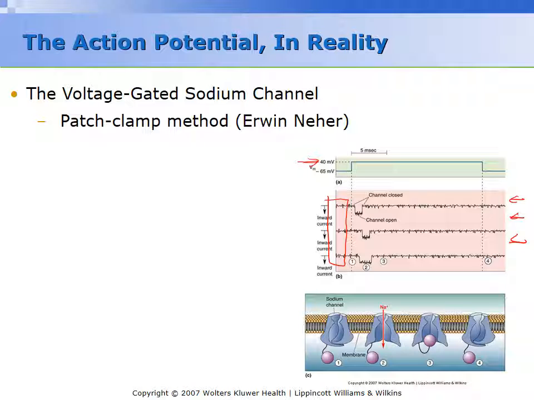There are some variations from channel to channel, as you can see, in terms of time, duration, and whatnot. But one thing that is common between all of them is that once the channel opens and closes, it will not open anymore throughout this duration in which the potential remains constant.